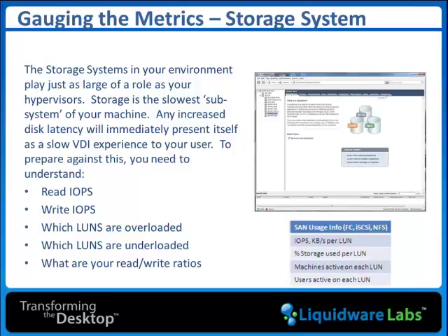Now, to protect against this and to prepare against it as well, you need to understand all of these following areas, which include read IOPS, write IOPS, which ones are overloaded, which ones are underloaded, what are your read-write ratios, etc. Now, I've had some folks say to me, well, we actually have the ability to look at input-output rates, so we'll call it bandwidth. So if I can figure out megabytes a second and kilobytes a second, isn't that just as good as IOPS?